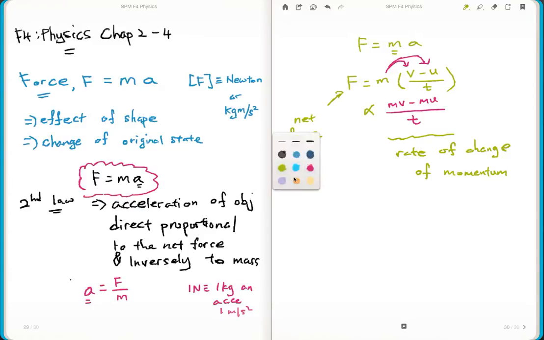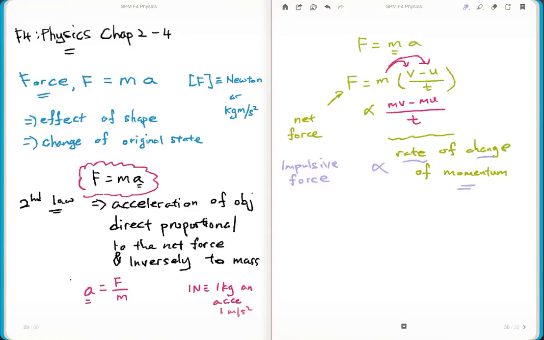There's another name, they name it as impulsive force. You relate impulsive force to the rate of change of momentum.